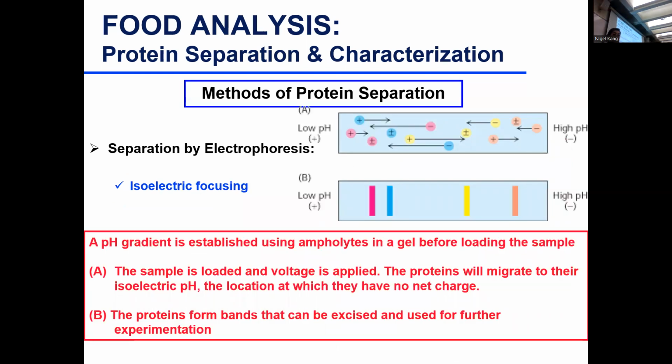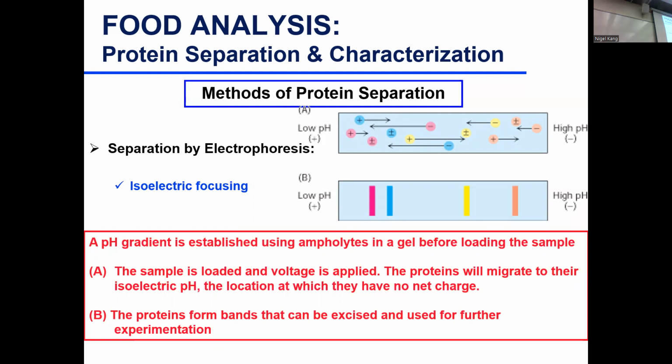The other method of protein separation is isoelectric focusing. It's electrophoresis, but you do not separate proteins based on their molecular weight. It's based on their isoelectric point. How?